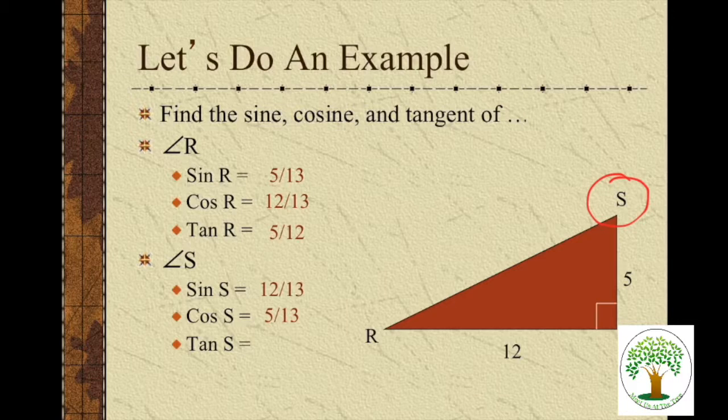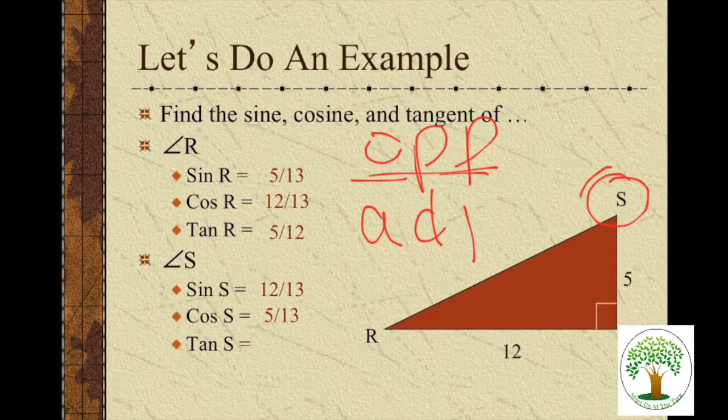Yes, ma'am. Okay. So tangent is opposite over adjacent. Yes. What's the opposite of S? 12. Good. And the adjacent? 5. All right, so it should be 12 over 5.